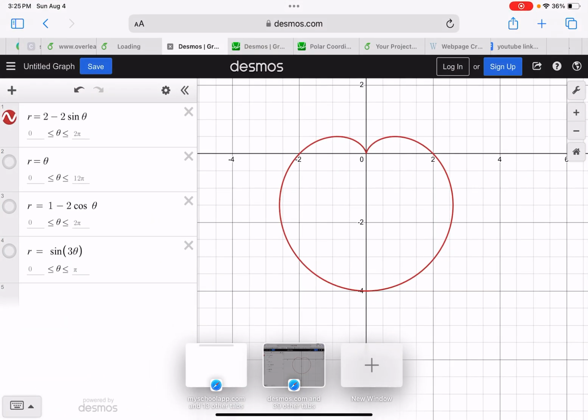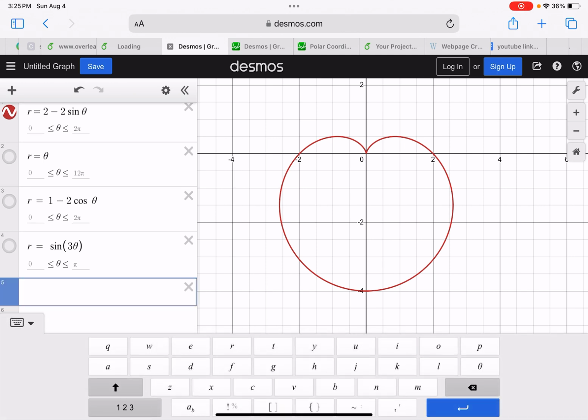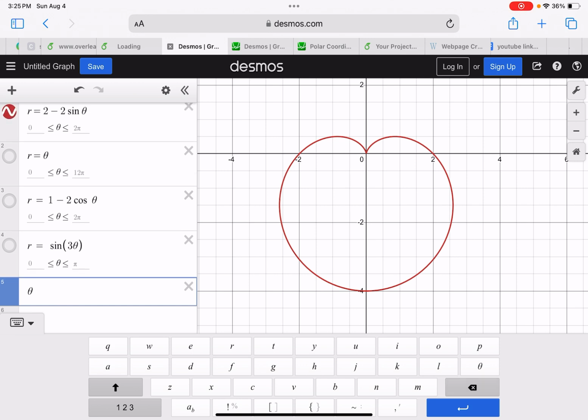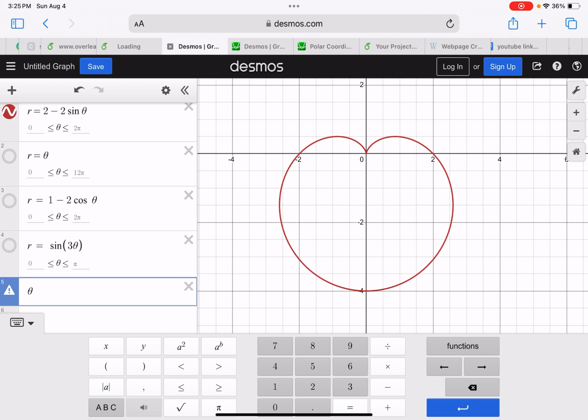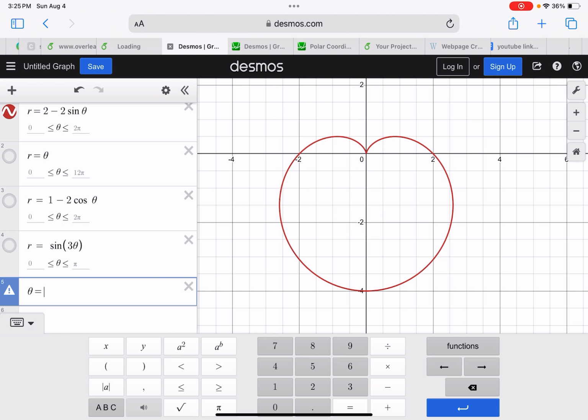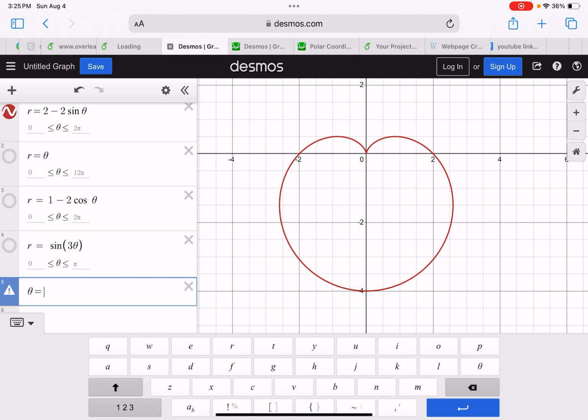Here I have 2 minus 2 sine theta. Let's see, I think I can just write theta equals pi over 4. I'm not doing this with my keyboard, so it's a little trickier. Let's try. I think if I just type pi, it'll recognize that.